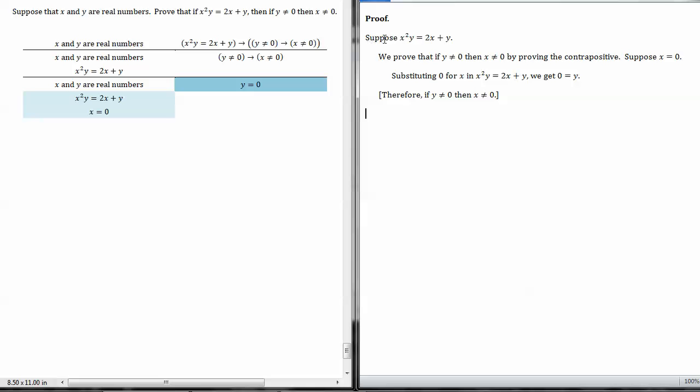And now we're all the way back out to our original layer, which was a proof of this entire statement. And so we should say that. Therefore, if that equation is true, then if y is not equal to 0, then x is not equal to 0. Okay? And now we're done.